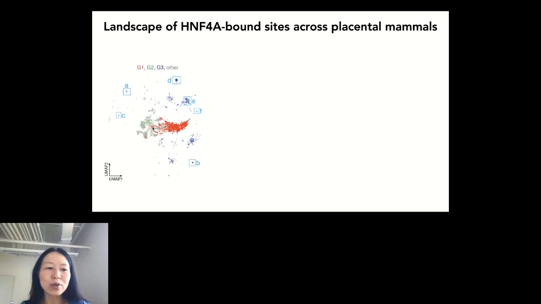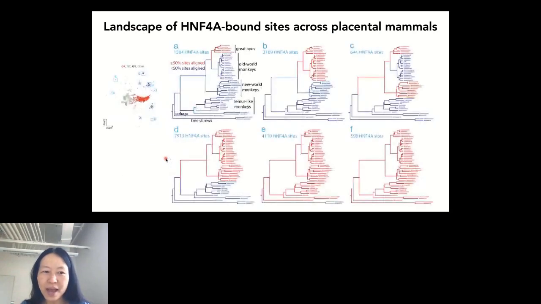So you see the resolution of the UMAP becomes much more resolved, and the clusters are now very, very sharp. The individual clusters, the blue colored ones, are primate specific, and I have labeled 6 of them here as an example.